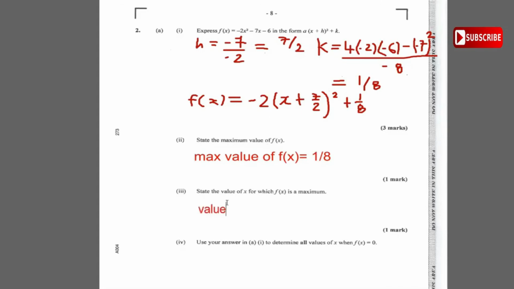So the value of x is minus h, which in that case is going to be negative 7 over 2. That's the value of x for which the maximum occurs. Nice and easy, no issues at all.